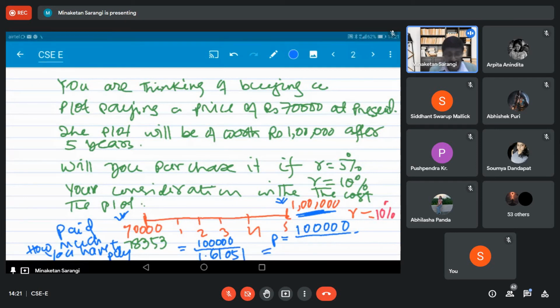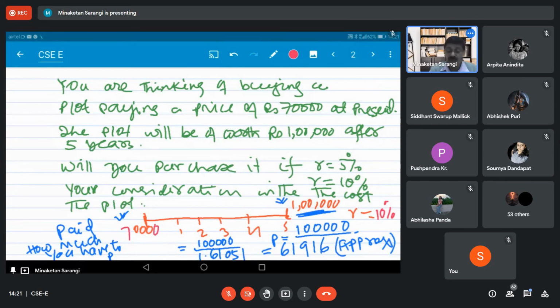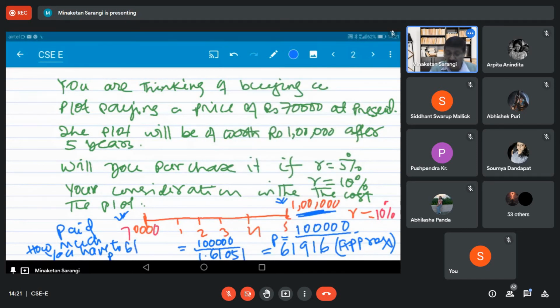So my calculation is going with 61,916 approximately. So what you will do? First, whether my calculation is correct or not. Second, what is your decision? So first tell me whether my calculation is correct or not.